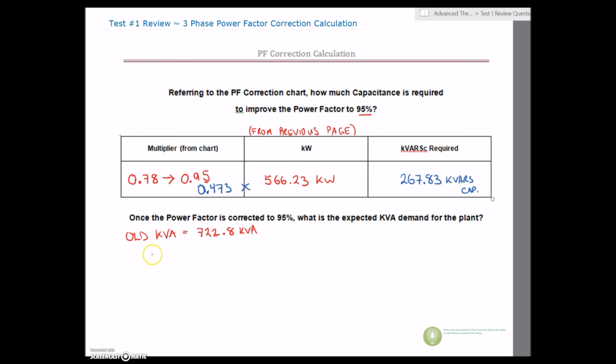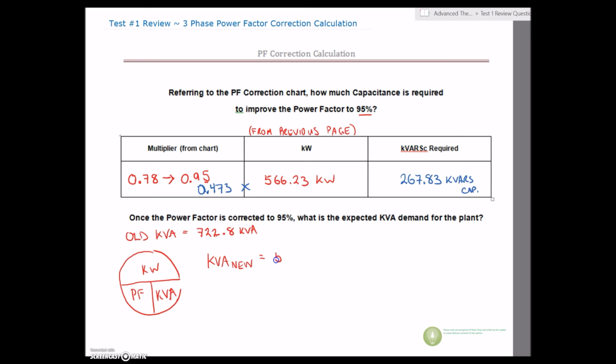So we still know that the relationship for power factor is watts over VA, so we can do kilowatts over kVA. And if we're trying to find our new kVA value with the capacitor bank, we're going to take our kilowatts and divide it by our new power factor.